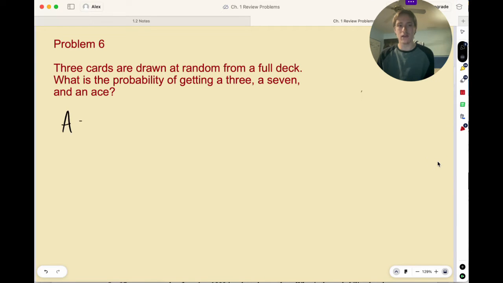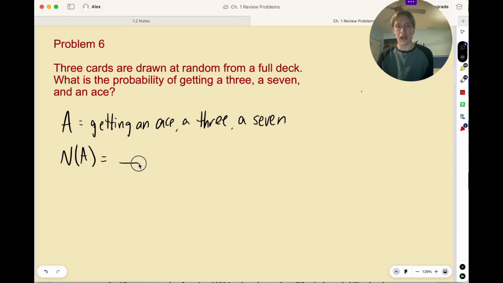The event A is going to be exactly as it says, getting an ace, a 3, and a 7. How many ways can that occur?